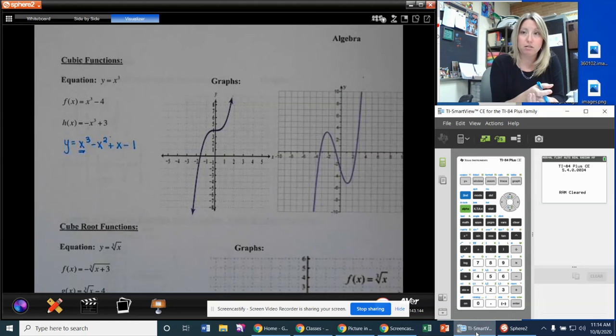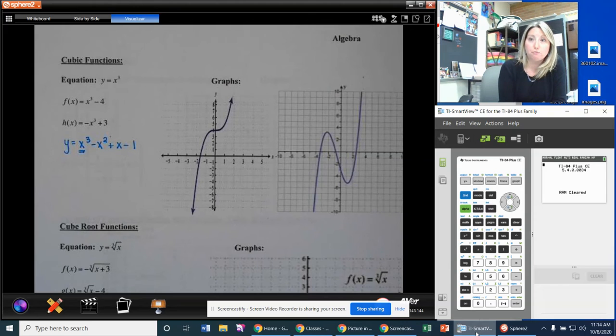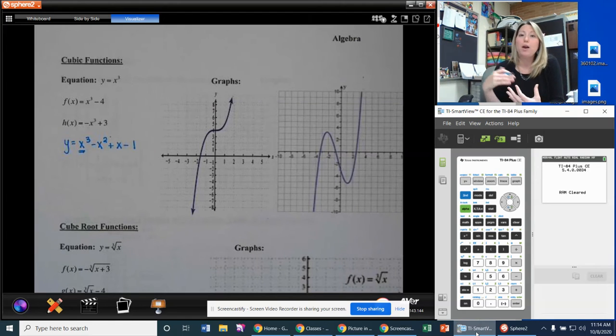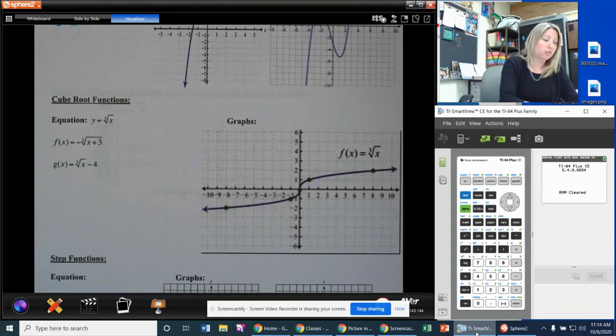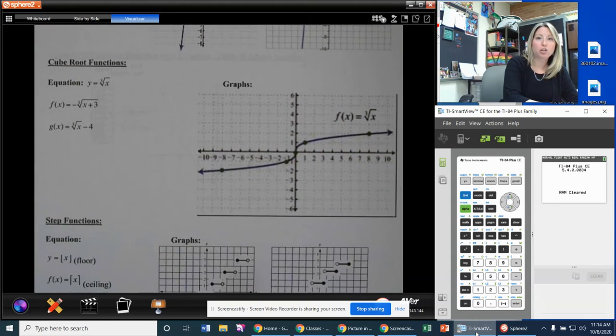So it's the highest present exponent on your x that determines the type of function you have. So just like with a quadratic function, you had the matching square root function, with a cubic function, we have a matching cube root function.